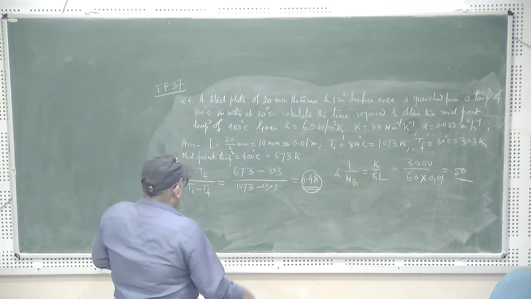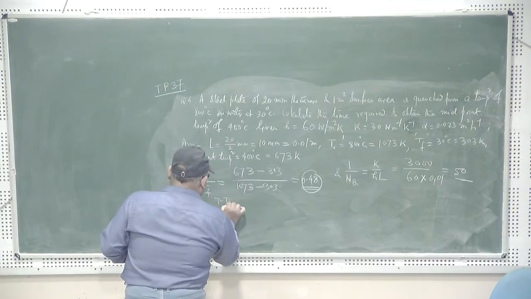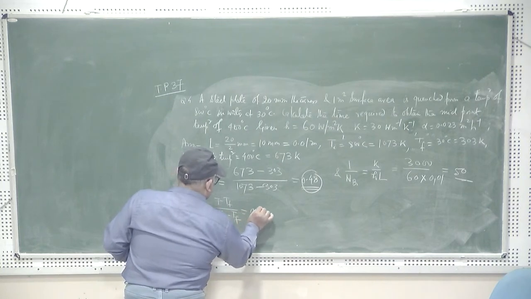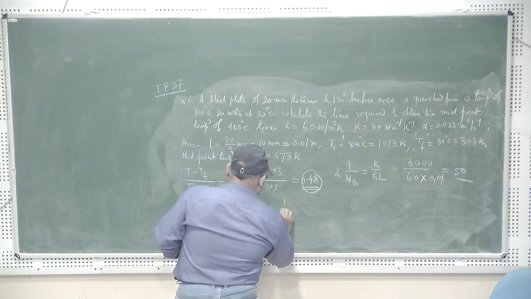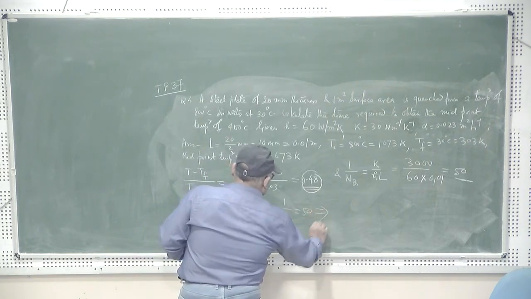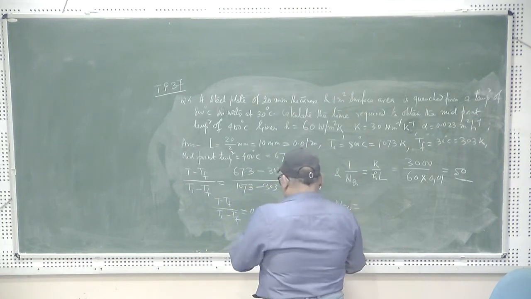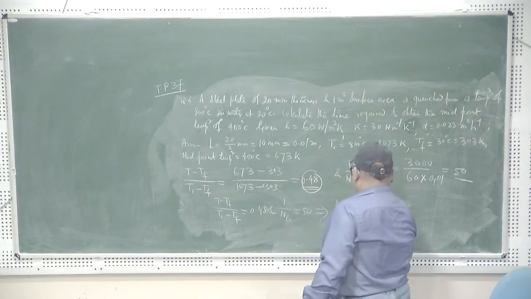So corresponding to T minus Tf divided by Ti minus Tf value equal to 0.48, and 1 by Biot number equal to 50, you will get the corresponding Fourier number from the chart, that is equal to 37.